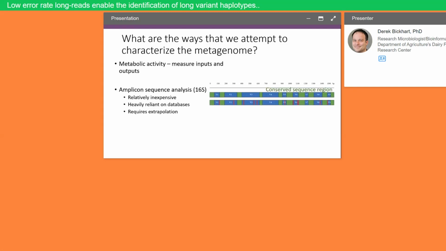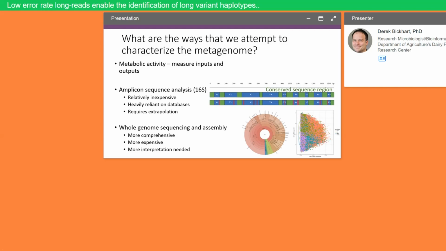One method that is the gold standard is to use amplicon sequence analysis, where you target conserved genes that should be present in all lineages, amplify them, and identify variants. One common gene that's targeted for this sort of analysis is the 16S subunit ribosomal sequence. The reason for this is because it's prevalent in almost all prokaryotes and has very well-conserved regions flanked by variable regions that sustain mutation.